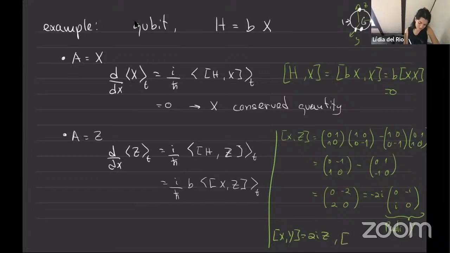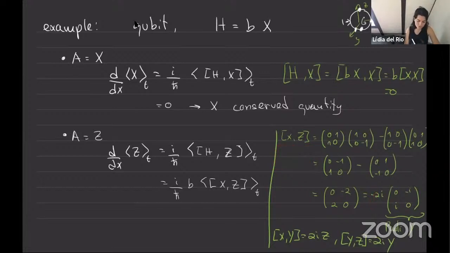And the commutator between Y and Z is going to be 2i times the X matrix. And the only reason we got the minus sign here is because the order of this is flipped. But if we had done ZX, then we get rid of this minus.